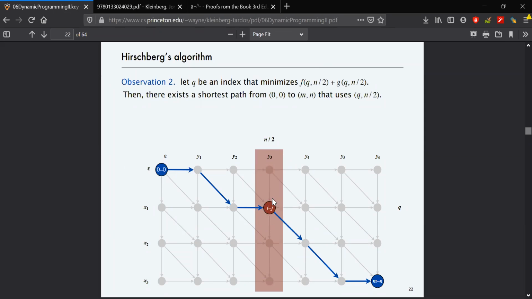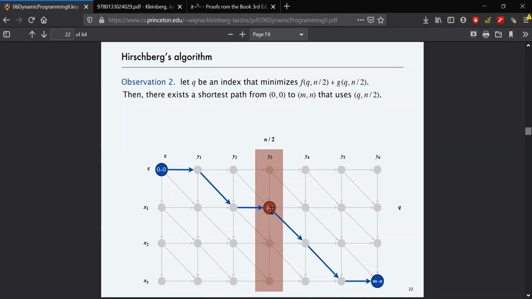You find an index Q that minimizes f of Q n by 2. Let's say this is the index of interest Q. You find such a Q, which might be anywhere, such that the length of the path from 0, 0 to Q plus the length of the path from Q to Mn is minimized.